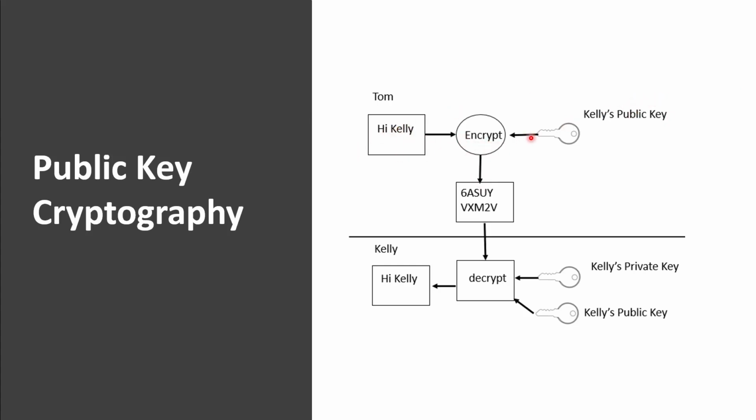It says, "Hi, Kelly," and becomes encrypted by her public key. We get this that no one else can read, and the message is received by Kelly, and Kelly uses her private key to decrypt the message. So only Kelly can decrypt this message. So we use double key encryption every day.